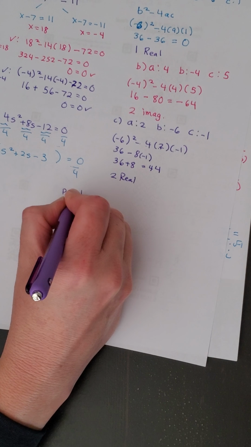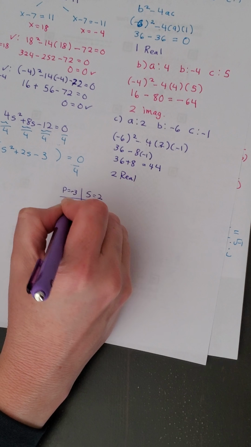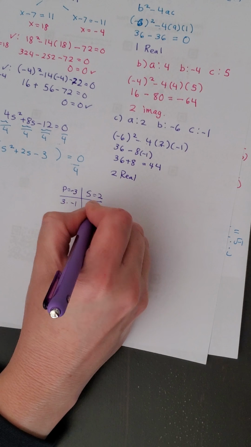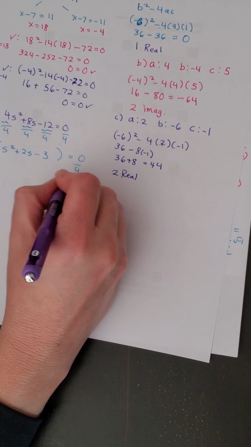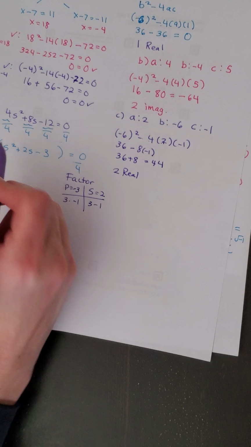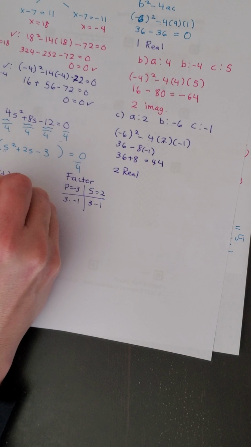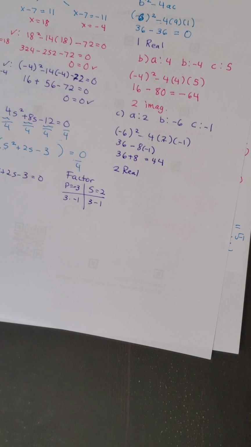Things that will multiply to negative 3 but add to 2 would be 3 times negative 1, because 3 minus 1 is 2. So I'm going to use factoring. And this time, since there's no leading coefficient, right, we have s squared plus 2s minus 3 equals 0, I can just factor the fast way.